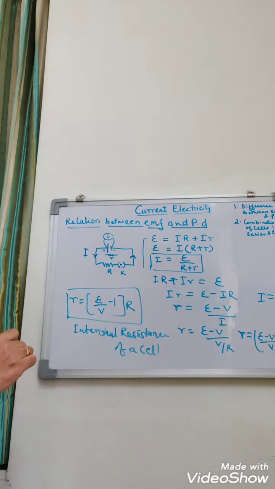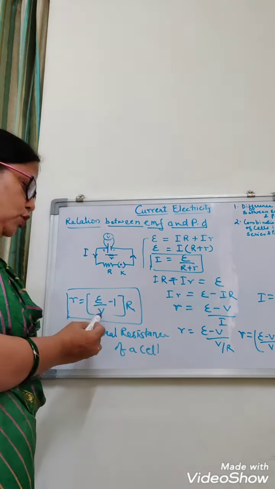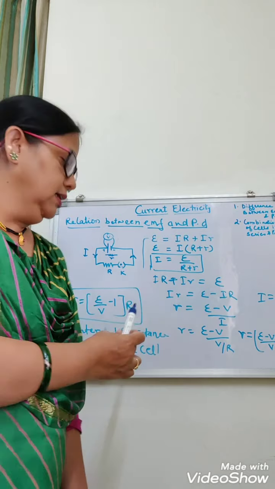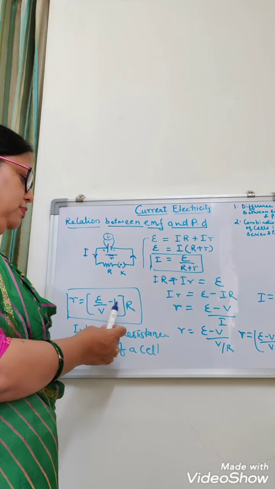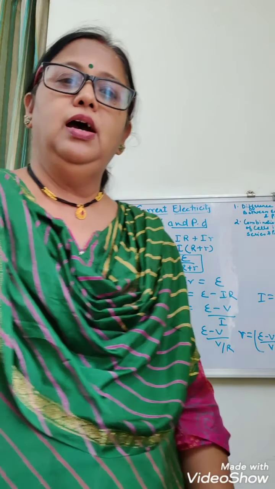This is the expression which gives us the formula to find the internal resistance of the cell. r is equal to E upon V minus 1 into R.